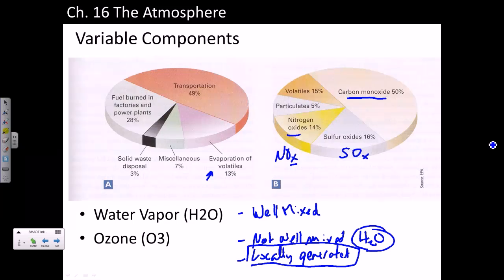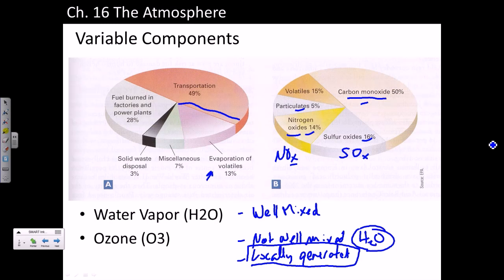Okay, and so if you were to take, for instance, any of these components, so you took a 1% slice out of the transportation here, right? That 1% would contain some percentage to make up particulates, NOx, carbon monoxide, sulfur dioxide, and then also things like H2O comes out of the back of your car.